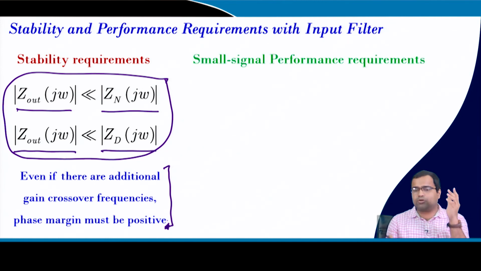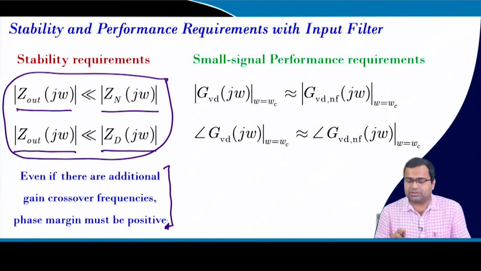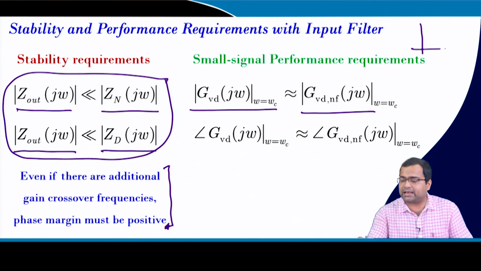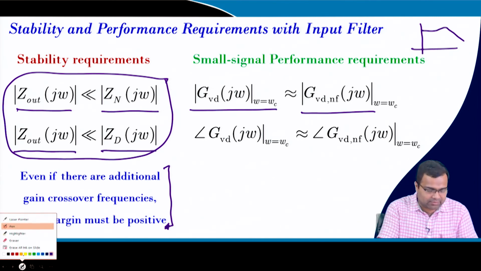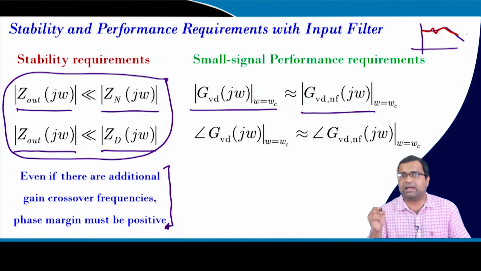That means, we need to talk about the transient performance. So, for transient performance, we need to match the crossover frequency with input filter and without input filter. In essence, if we can get GVD like this, then with input filter you may get some peaking effect here, but it should otherwise match.